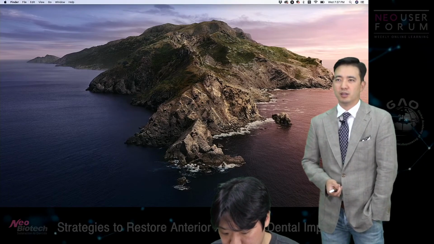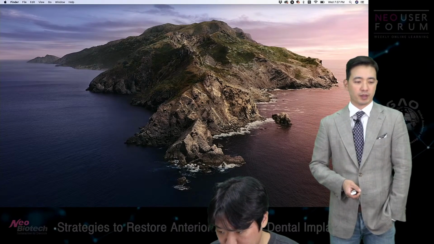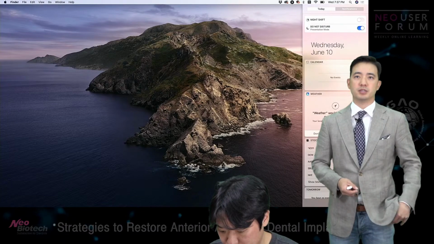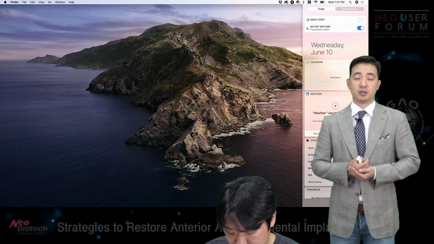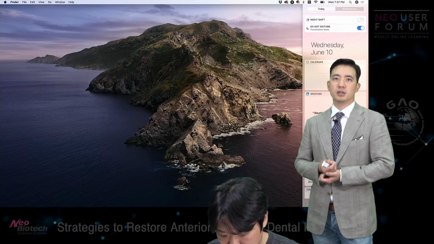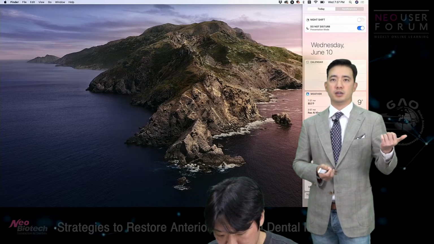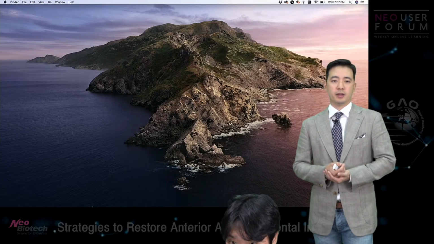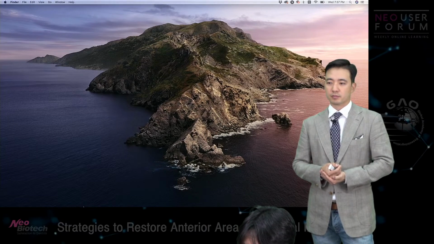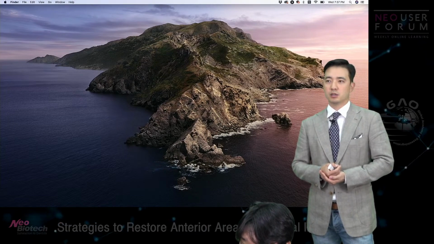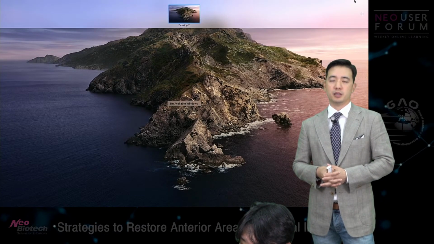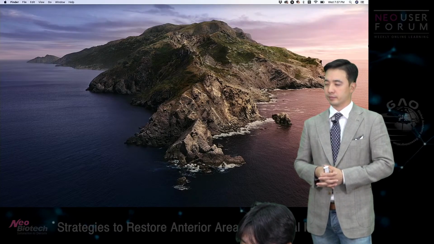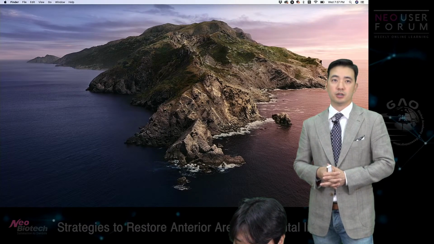Just to talk a little more about the socket shield technique, I did present some of my socket shield technique cases in my previous session, and it is very well described in the literature.